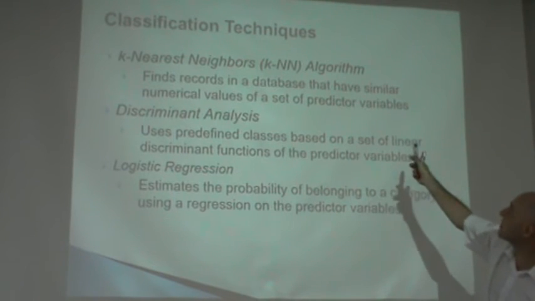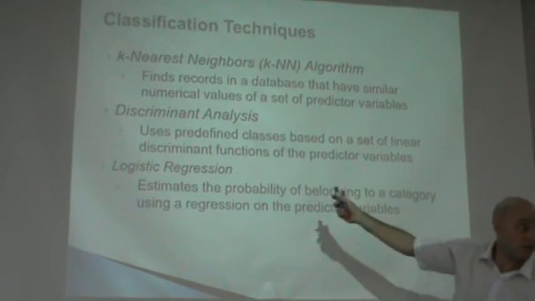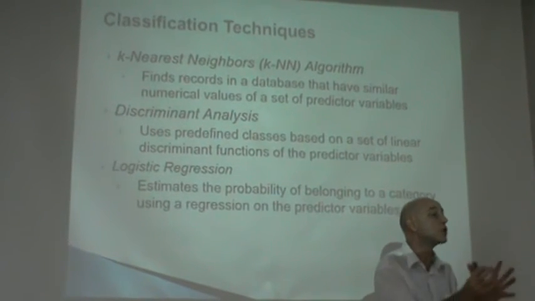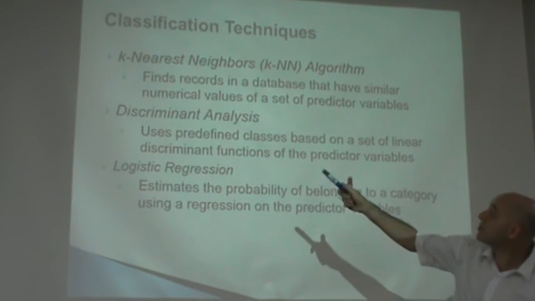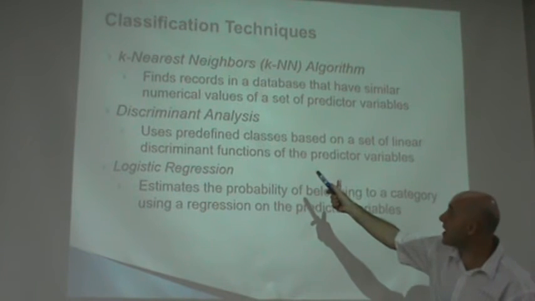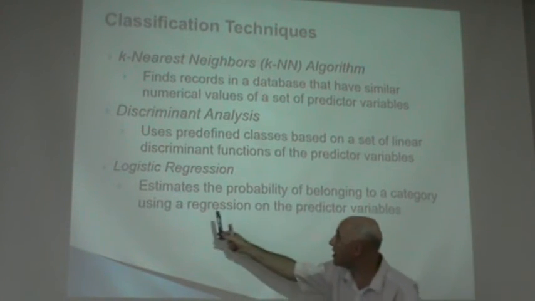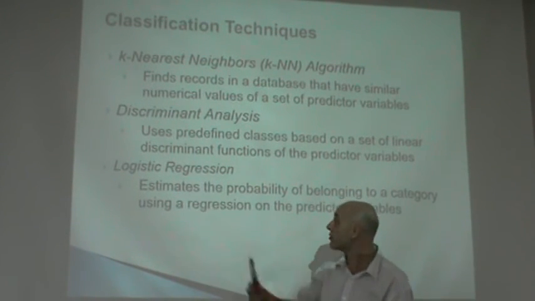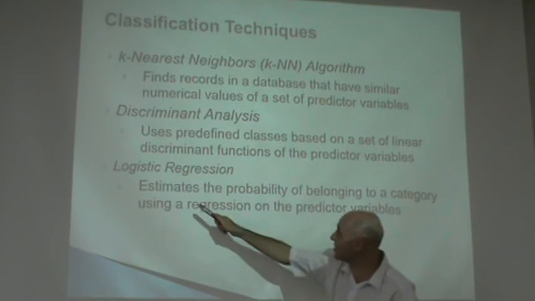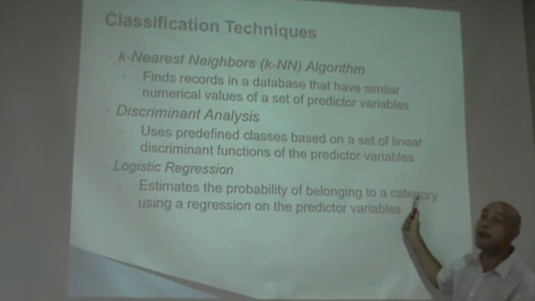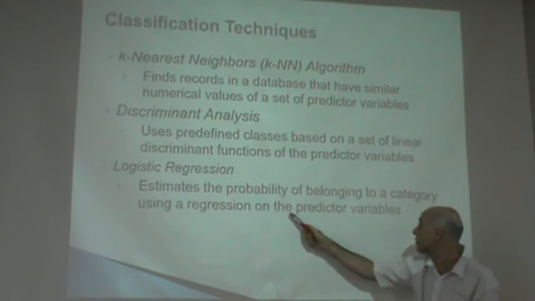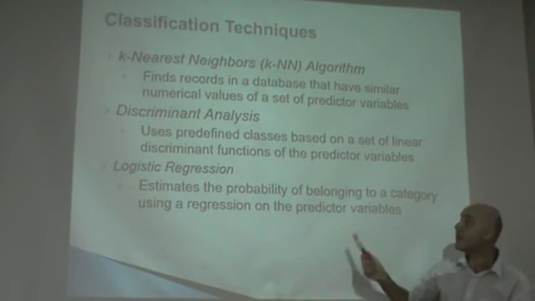Find records that have similar numerical values. This is similar to the clusters, quite the same. You can also use discriminant analysis. And finally, you could use logistic regression. Logistic regression estimates the probability of belonging to a category using the regression of the predictor variable.